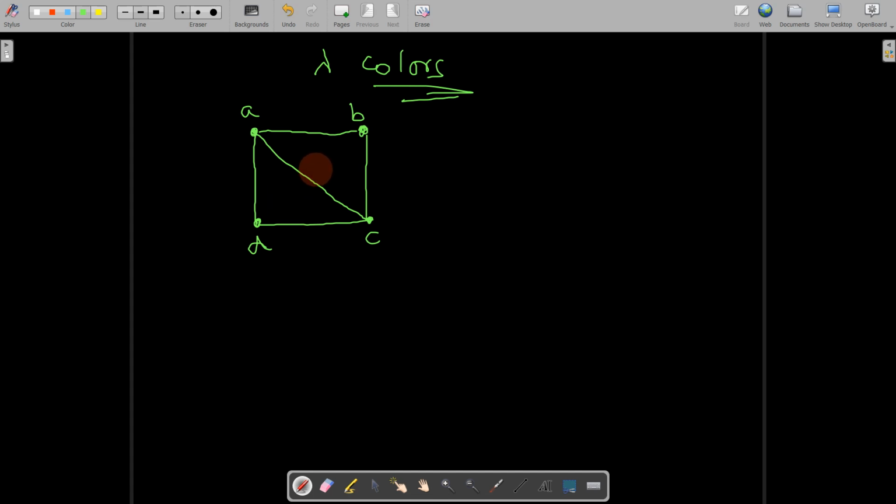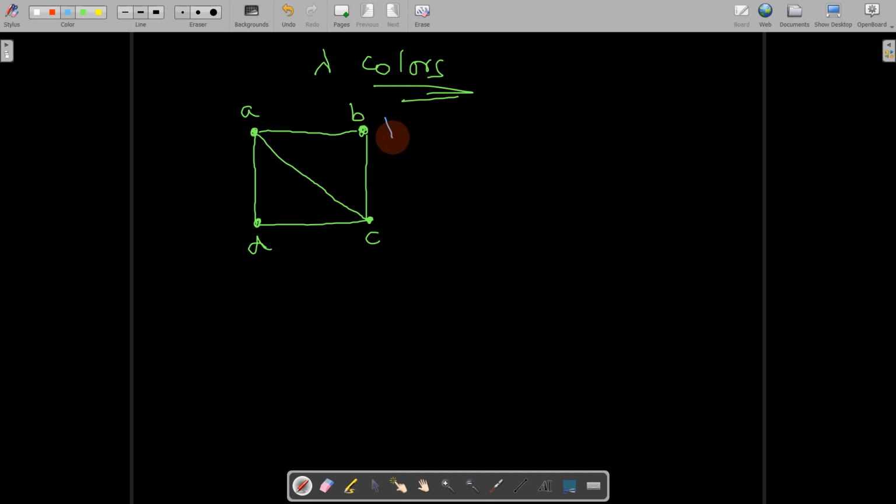So how do we do that? Before the recursive algorithm, let us check how we would proceed without it. In how many ways can you color the vertex B using lambda colors?